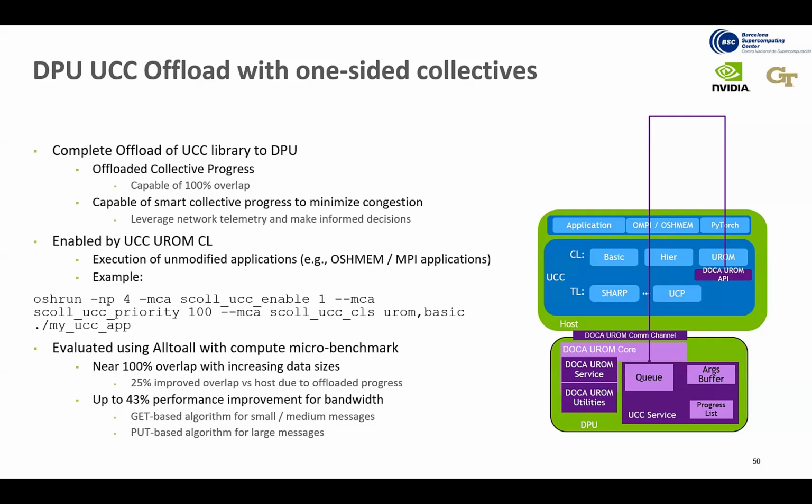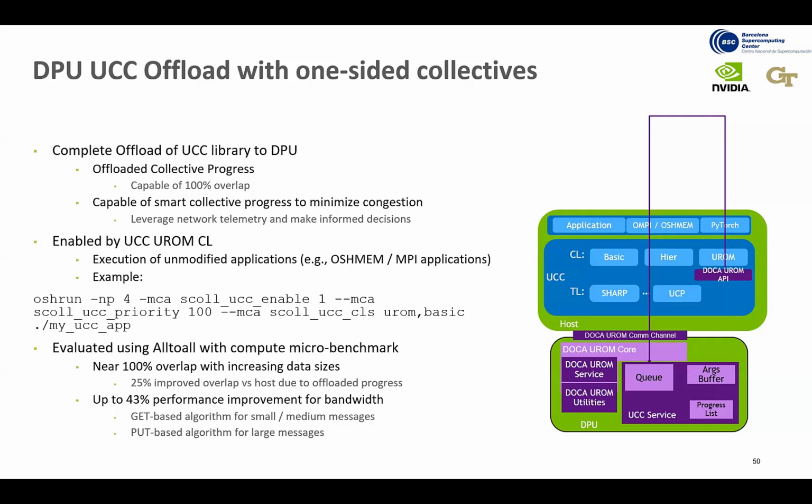That is available in UCC and uses UROM. UROM is part of DOCA, the SDK from NVIDIA to use DPUs. UROM is the component used to manage services running on the DPU. So the UCC UROM component is really for that purpose, meaning offloading of the entire collective. That is directly available in the DOCA SDK.